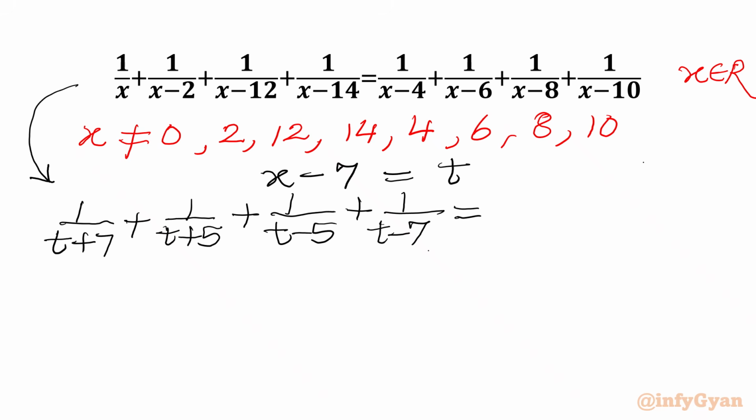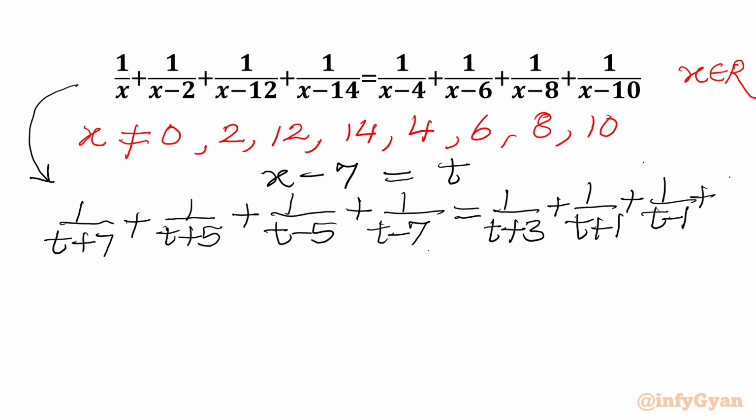Now we have right hand side 1 over x minus 4, which will be equal to 1 over t plus 3, 1 over x minus 6, 1 over t plus 1, 1 over x minus 8, 1 over t minus 1, and 1 over x minus 10 will become 1 over t minus 3.